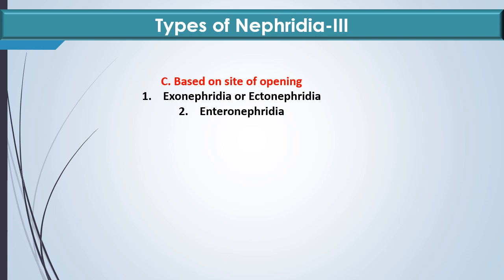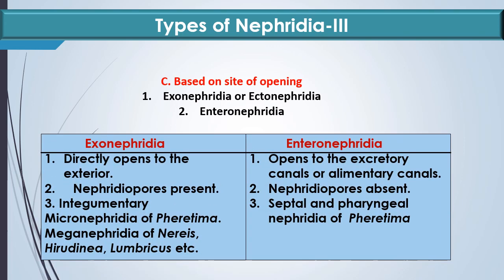Nephridiopores are present in the case of exonephridia. The integumentary micronephridia of Pheretima posthuma, and meganephridia of Nereis, Hirudinea, Lumbricus, etc. are the exonephridial examples.